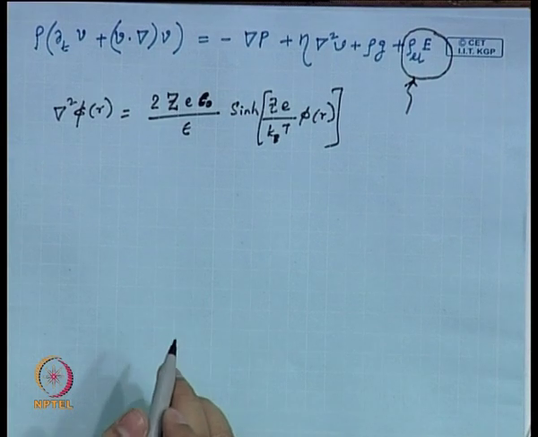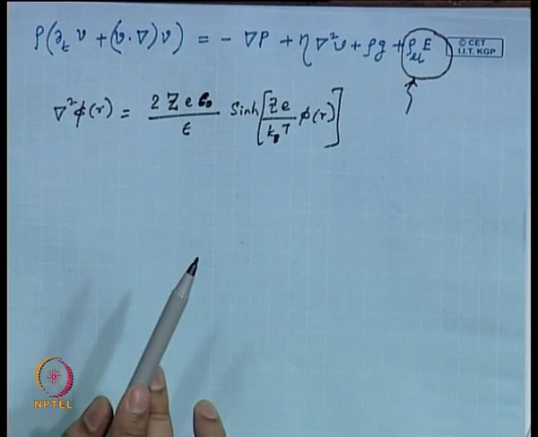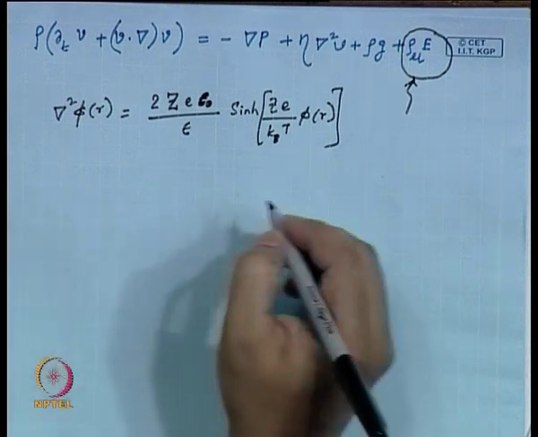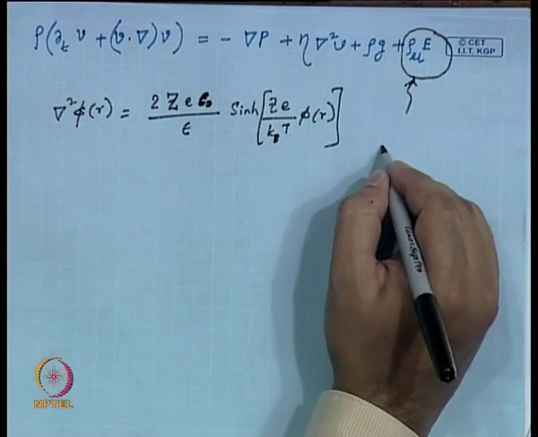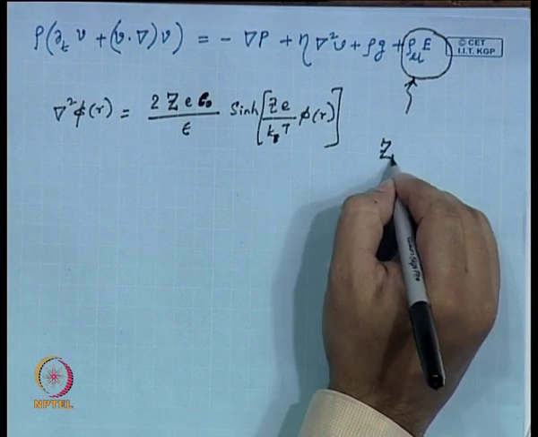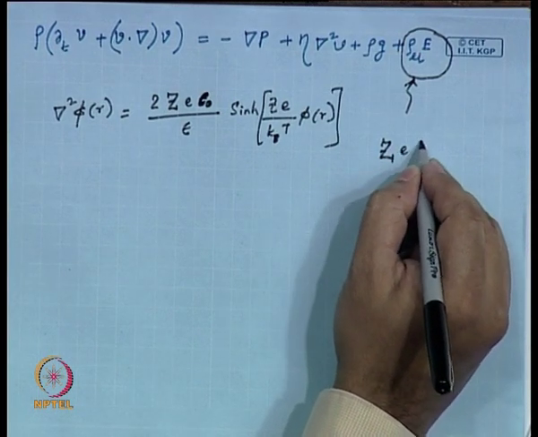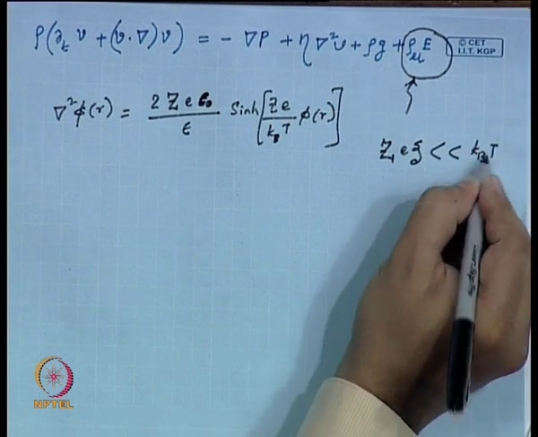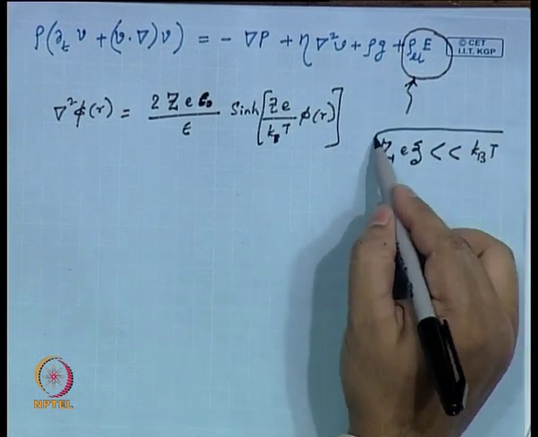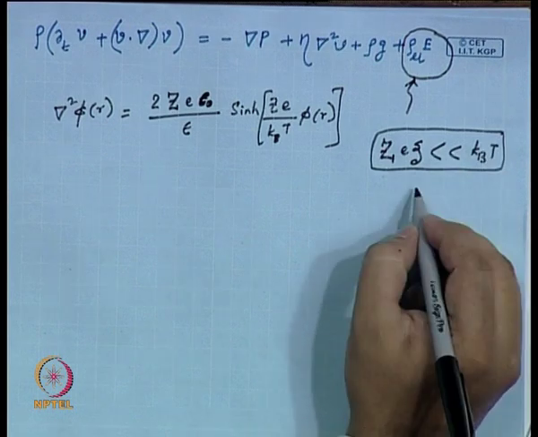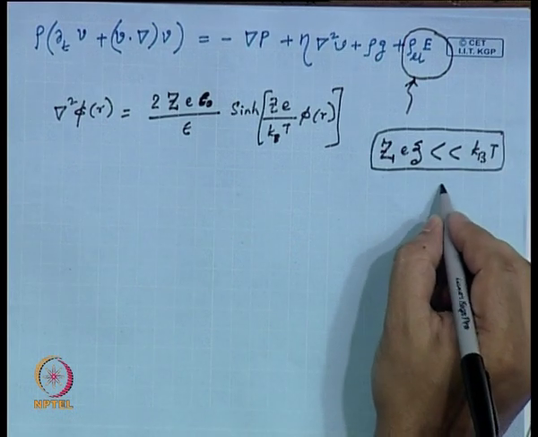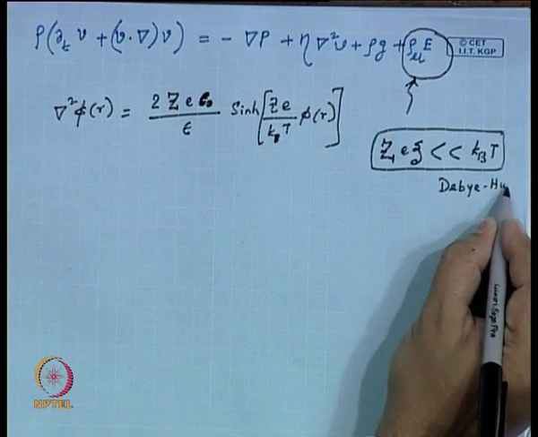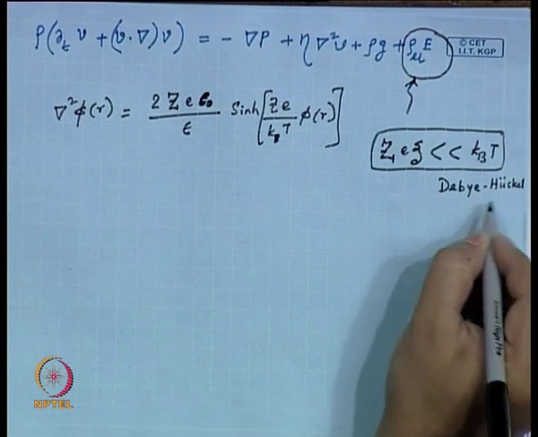Now, here we said that for the limit z e zeta much less than kB T, this is referred to as the Debye Huckel limit.